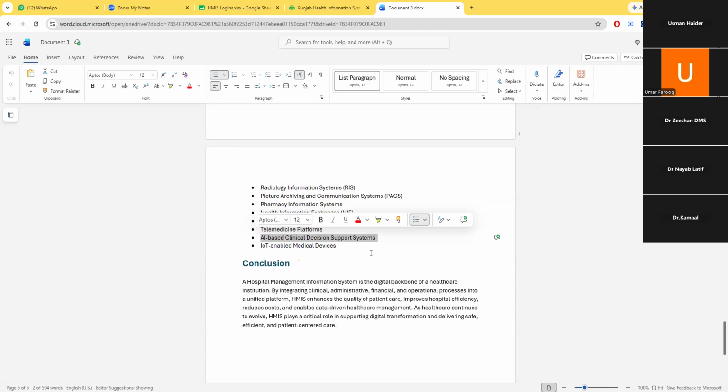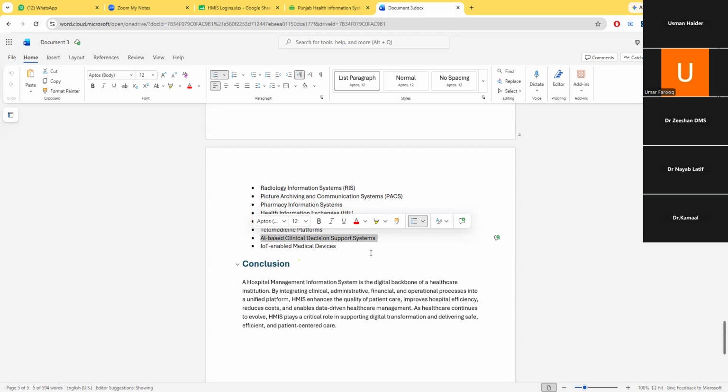And then AI-based clinical decision support systems. This is the thing I was talking about previously, that now the systems are going to be intelligent. They can take decisions, but this is just for helping the doctor, not the final advice. This is just to diagnose things in that patient, or anything in the previous history. For example, there are 20 or 25 previous visits of the patient, and in some visit it is mentioned that the patient has an allergy to that particular medicine or salt.